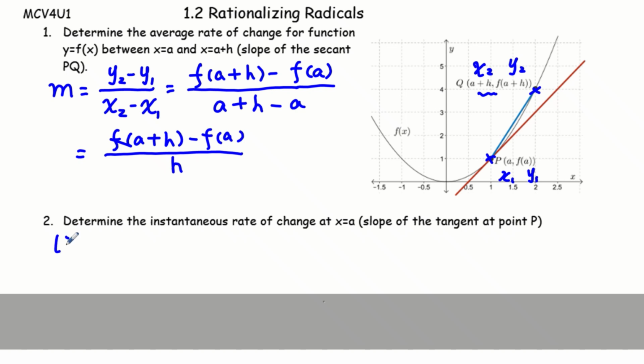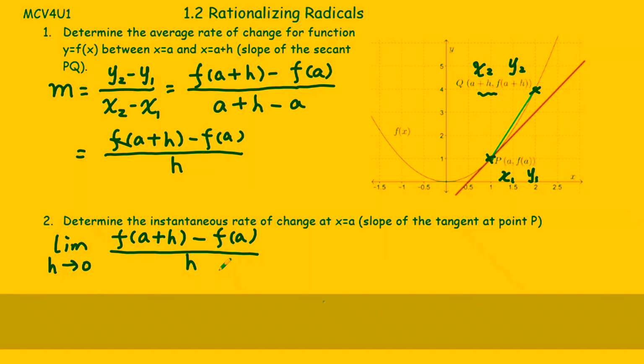So we are going to introduce the limit symbol. lim represents limit, and we put h approaches 0. Then we put this slope of secant after the limit. Then we are going to have f at a plus h minus f at a over h. This is our instantaneous rate of change, or slope of tangent at point P formula.